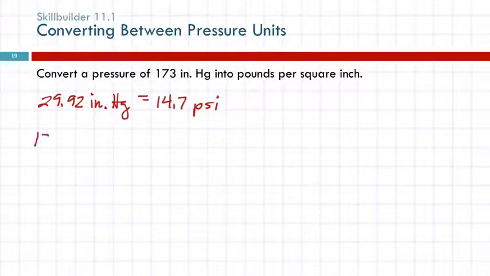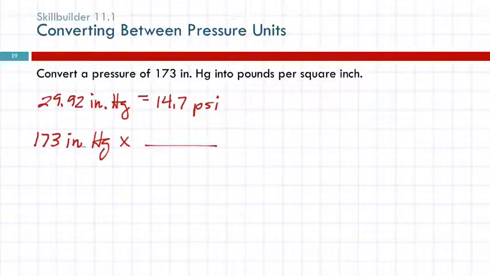So again, pressure conversions can be done in one step. 173 inches of mercury. I'm going to PSI, so I'm going to multiply by PSI. I'm going to divide by inches of mercury. This is the relationship. You have to keep the numbers with their units.